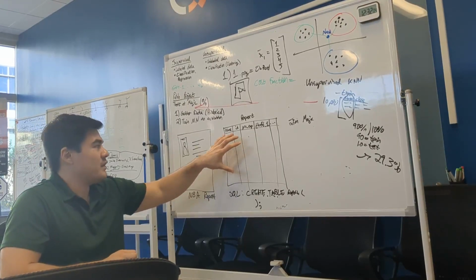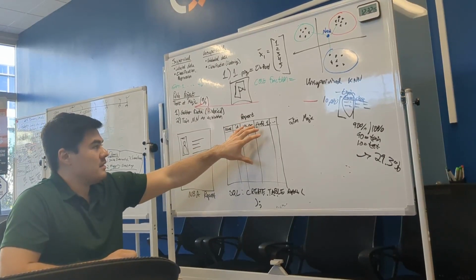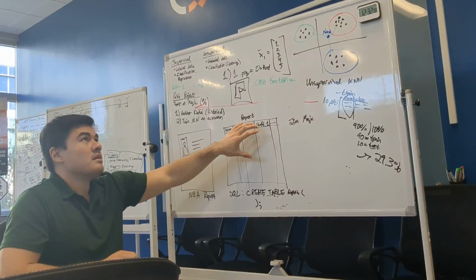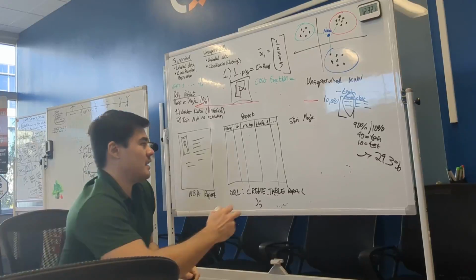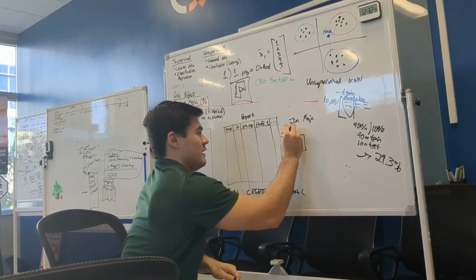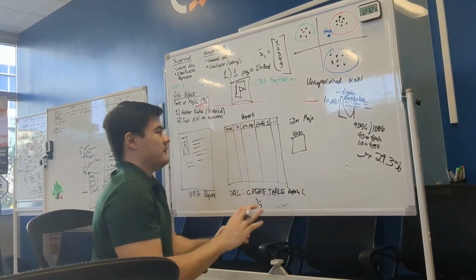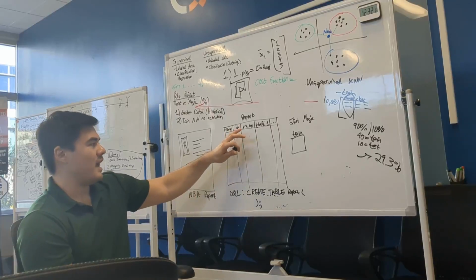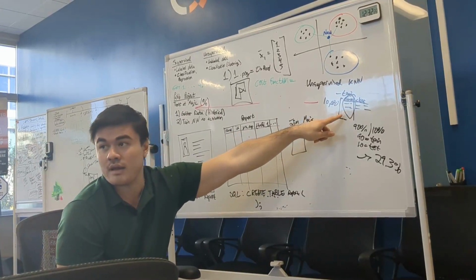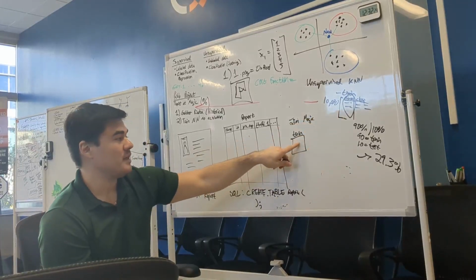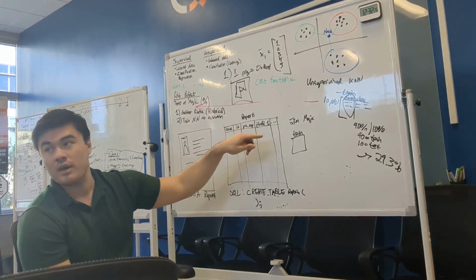Let's say this report ID will be a foreign key for this other table, which will be our train table, okay? And just for the sake of explanation, it's going to have every column here in this train table. This is the same training, okay?